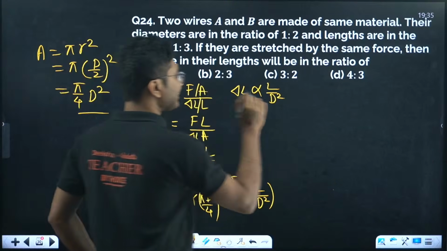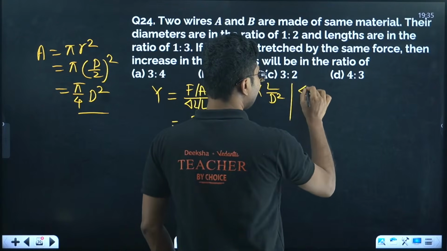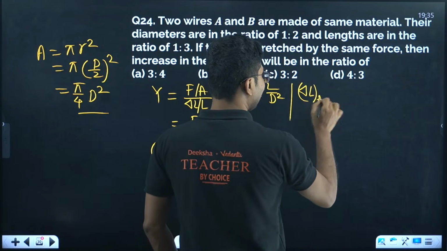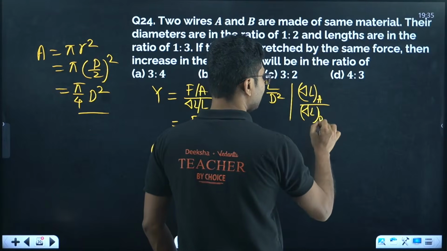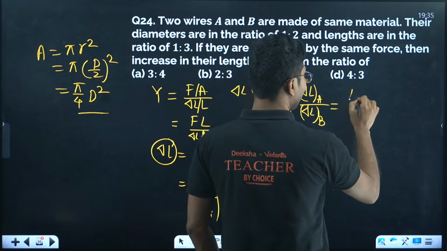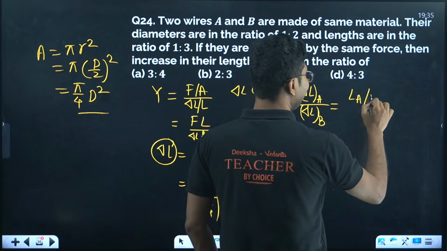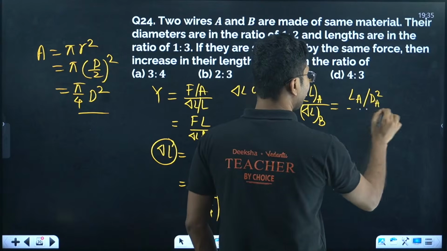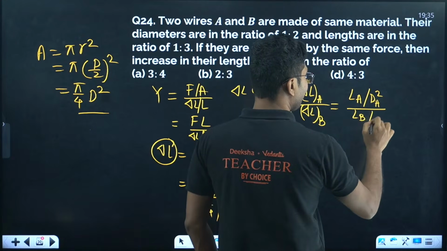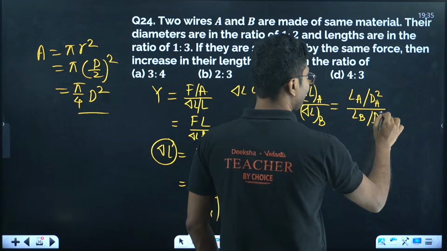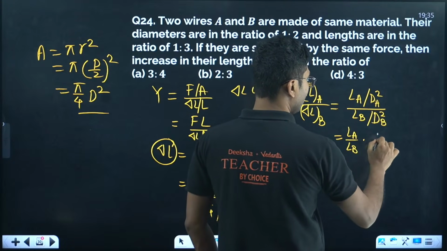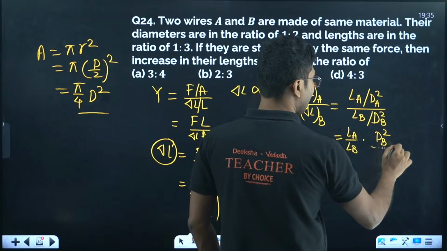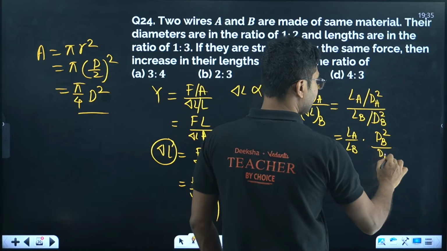So two wires A and B. We can write delta L of A divided by delta L of B must be the ratio of LA by DA square divided by LB by DB square, or LA by LB into DB square by DA square.